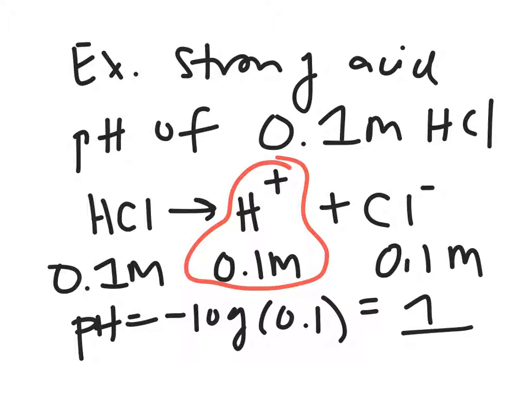Now note, this only works for strong acids, ones that have completely broken down and released all of their H pluses. However, we also know that there are weak acids out there. Actually, most acids are weak.